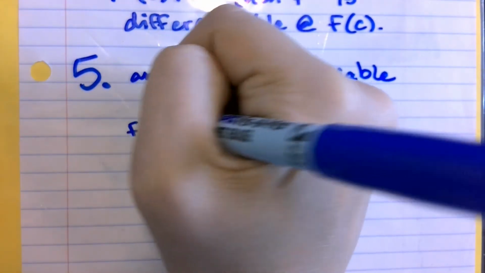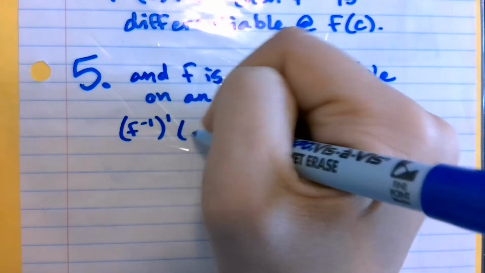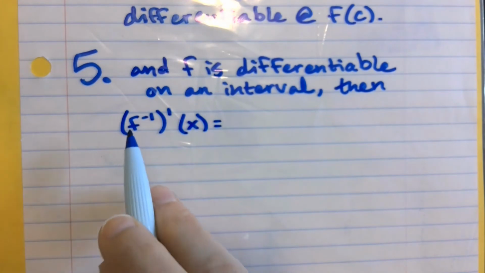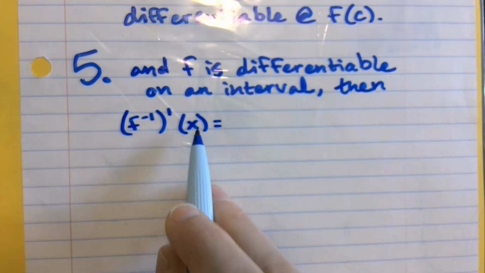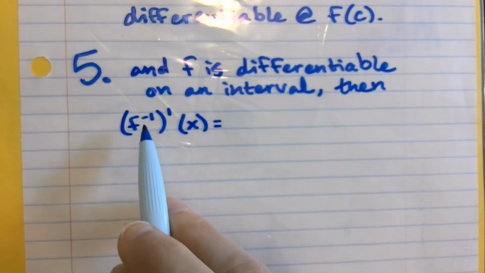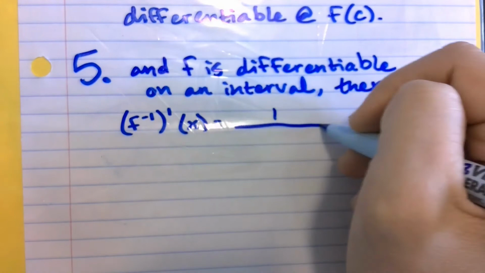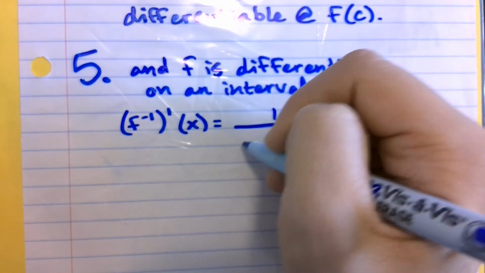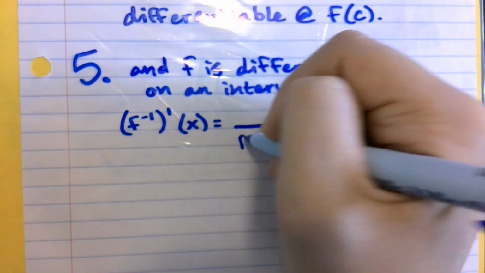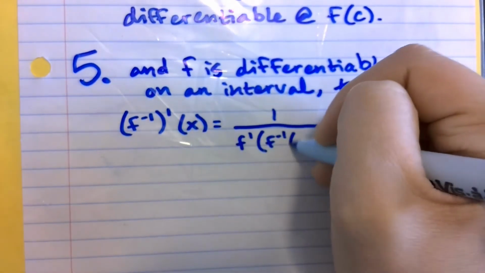When we're trying to figure out f inverse prime of something, and there's really not an easy way to say that, we're talking about the derivative of f inverse of something at a point. So we're looking for the slope of f inverse at a point. A little garbled sometimes in just the way to say that. But how we're going to do that, it's always going to be 1 over f prime of f inverse of x.